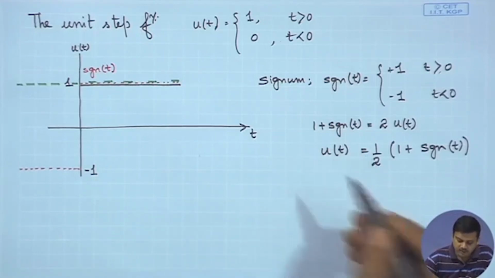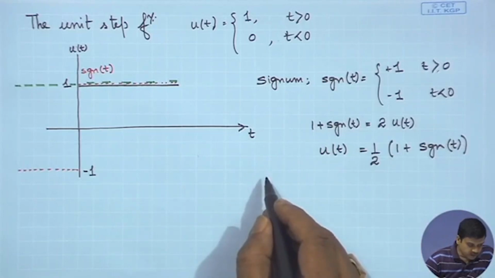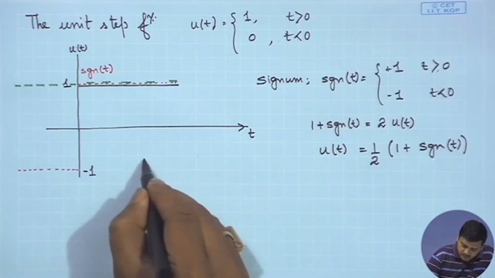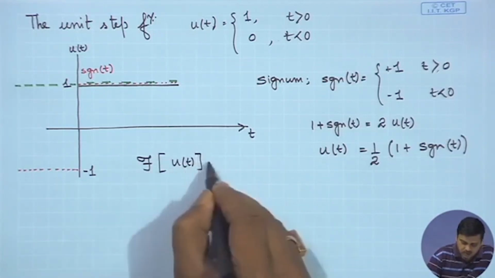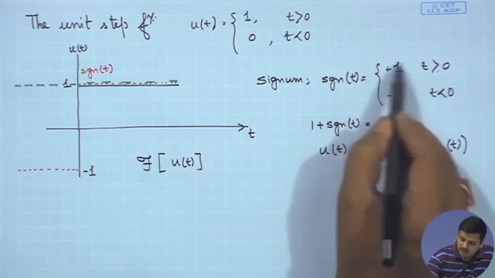When we are calculating the Fourier transform, if we take the Fourier transform of u of t, we would be getting exponential integrals.